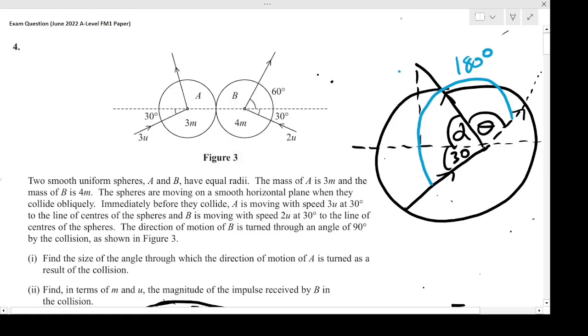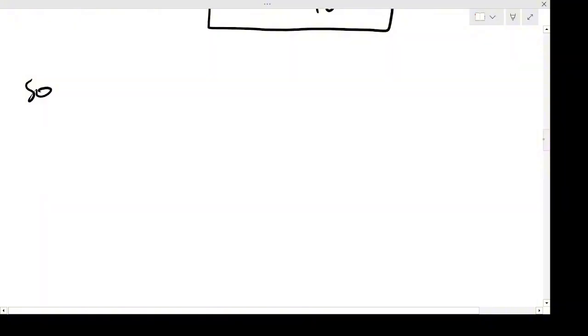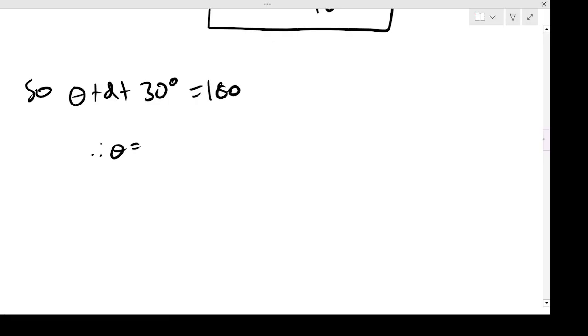So again, make sure you extend your velocity like that, because that'll help you clearly see that these three angles have to add up to 180. So theta add alpha add 30 has to be 180. Therefore, theta, my angle of deflection, is going to be 150 take away alpha.